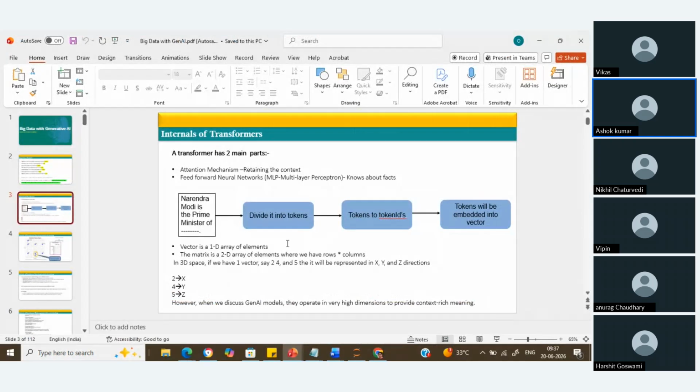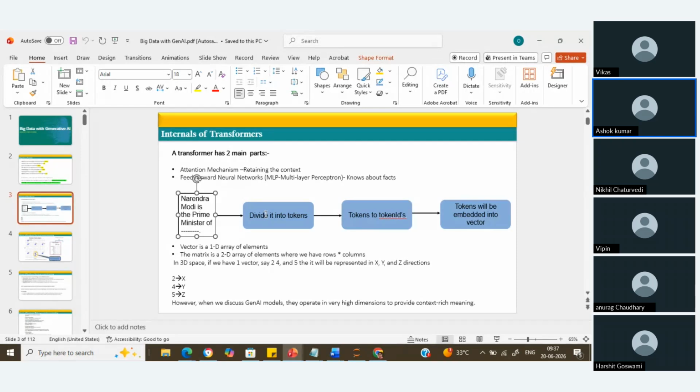Because the computer is not able to understand natural language; it must be converted into numerical values so that it can understand it. Because of that, we need a tokenization mechanism, and different types of tokenizer schemes exist in the market.